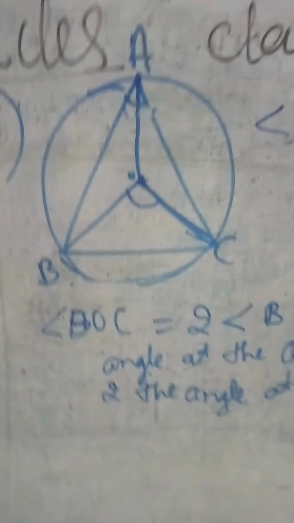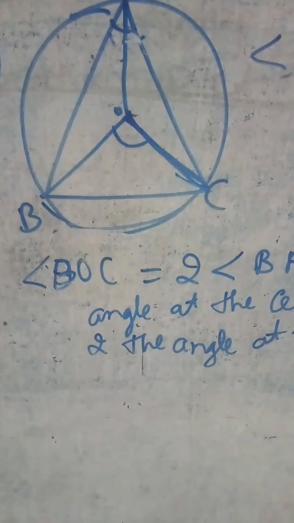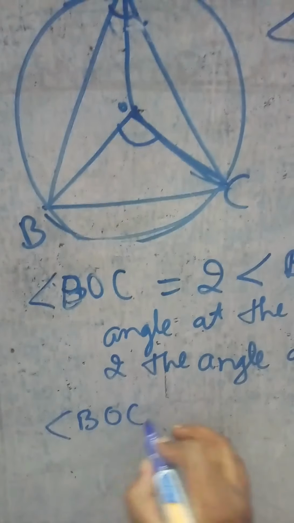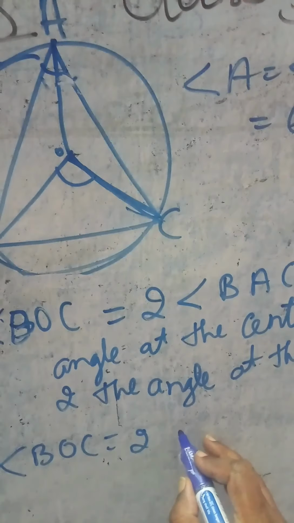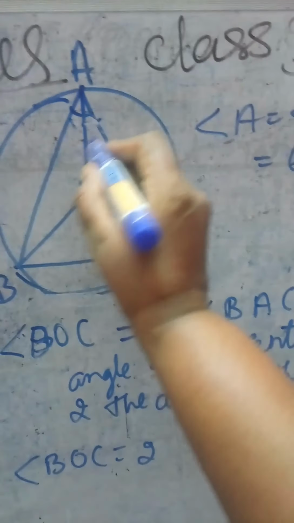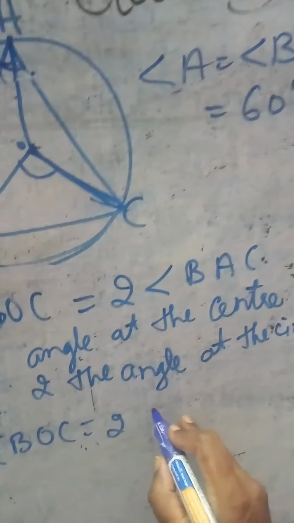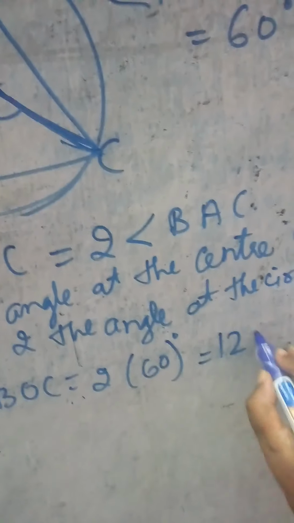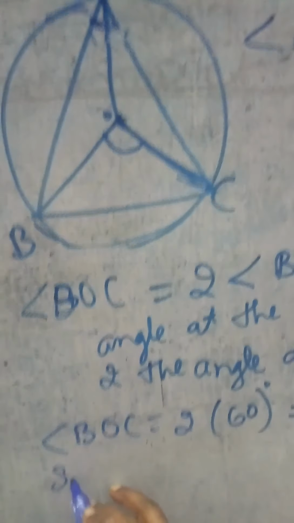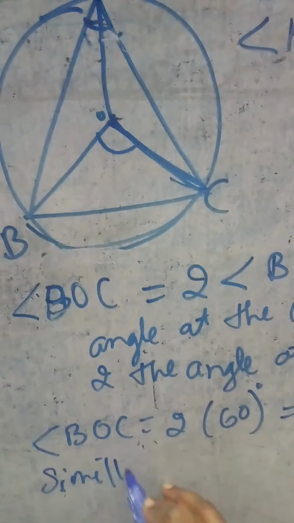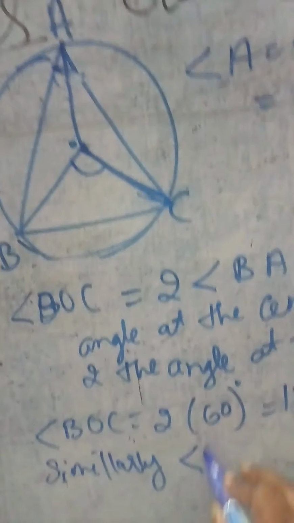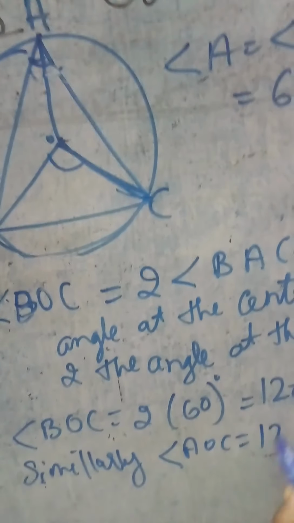Now, how much will be the angle at the center? Angle BOC will be equal to 2 times angle BAC, that is angle A here. Angle A is 60 degrees, so 2 into 60 degrees will be 120 degrees. So the angle at the center will be 120 degrees. Similarly, angle AOC will be equal to 120.